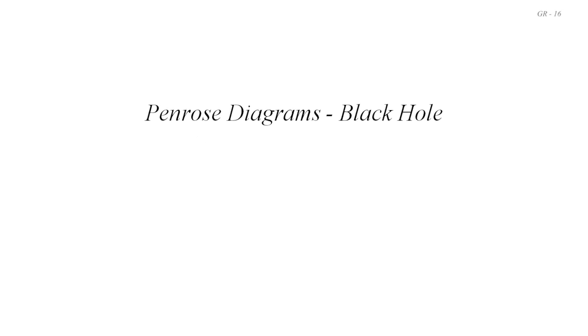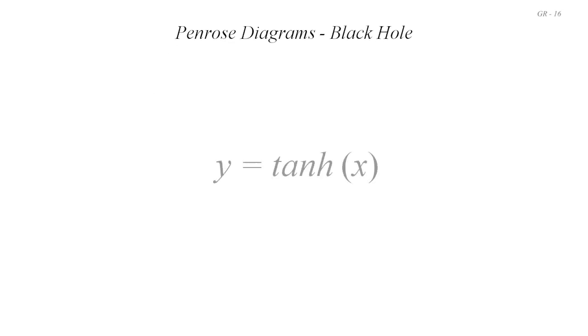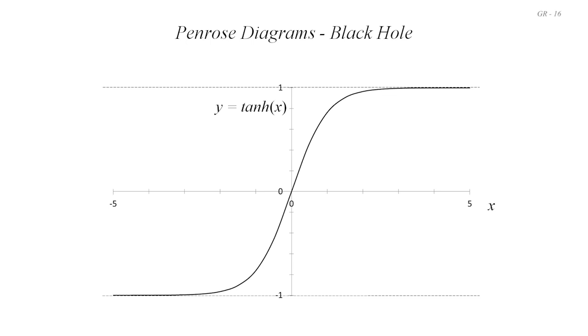One such example, although there are many, is the hyperbolic tangent function. A plot of y equals hyperbolic tangent x looks something like this. In other words, as this x goes off to infinity, positive or negative, the function hyperbolic tangent of x will tend towards the finite values of +1 or -1.